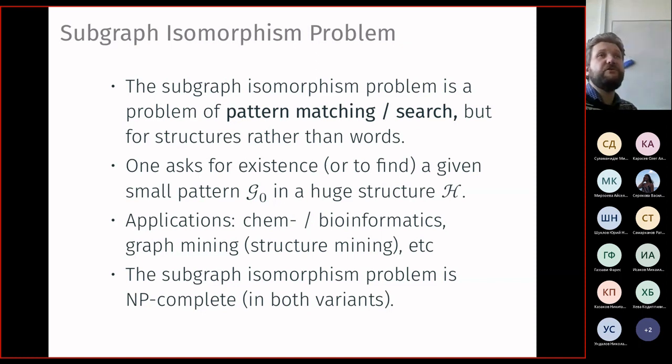So if you have, say, G0 be just of 3 vertices, a triangle, how can you find whether a big graph includes a triangle? Well, you just try all possible triples and see whether they form a triangle. So this is a cubic time algorithm. But if G0 has 4 vertices, it will be degree 4. If you have 5 vertices, it will be degree 5. So the degree depends on the size of G0. And in our situation, G0 is a parameter. So therefore, this will lead to exponential growth.